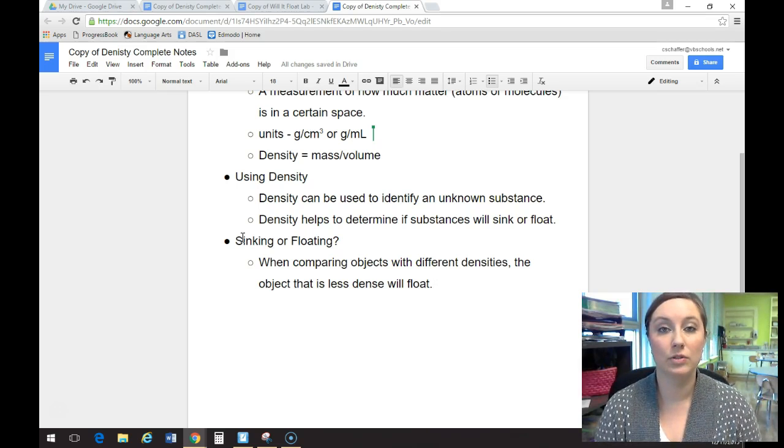We might be dealing with 2 different liquids, or with a different type of liquid substance other than water and a different solid. So whatever 2 objects we're going to see if one will sink or float in another substance, we just have to compare their densities. One important fact that you probably do just need to memorize is that water's density is 1 gram per milliliter.